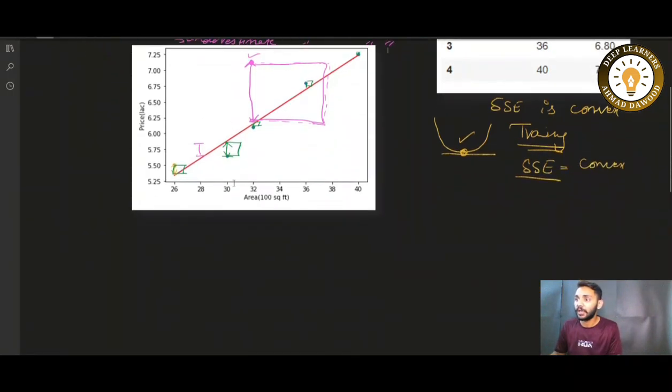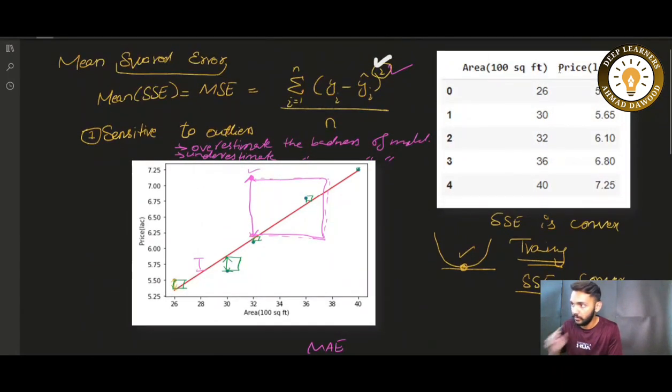Now the second flaw you can say here is that, let's say your MSE here is 4.8. Now 4.8, you cannot explain this 4.8 like you are explaining in case of MAE, because 4.8 does not have the same unit as your data has.